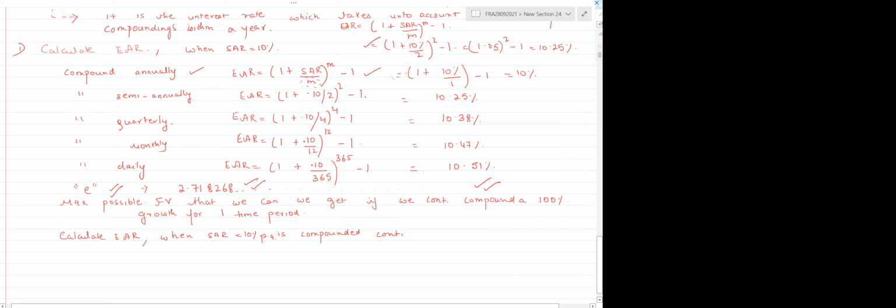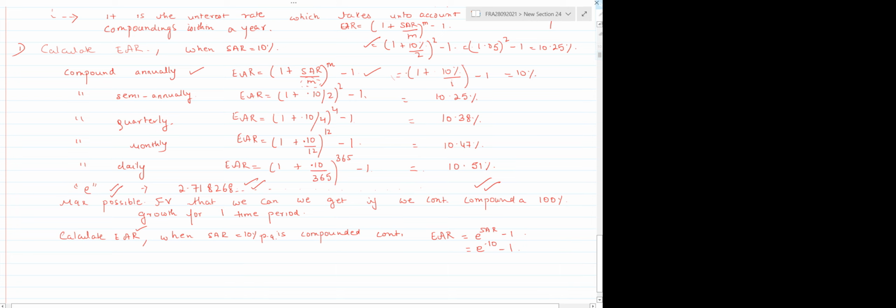The formula for calculating the EAR for a continuously compounded SAR is EAR equals e to the power SAR minus 1. Your SAR here is 10%, so e to the power 0.1 minus 1.